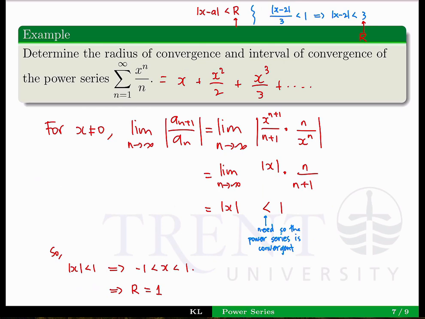Okay? So again, what I'm saying is you have to isolate the absolute value of x minus a, and on the other side of your inequality, that becomes your r. Here, absolute value of x minus 2 is not isolated. It has denominator 3.